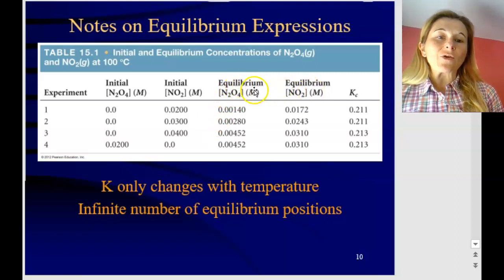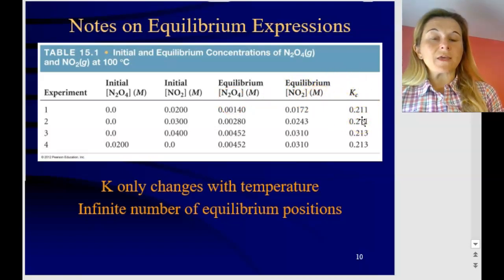And at equilibrium, we see concentrations here, and they are all different numbers, but when we look at the equilibrium constant, we see that they are basically the same number. So what this table is saying is that it does not matter what the concentrations are, the equilibrium constant will be the same.